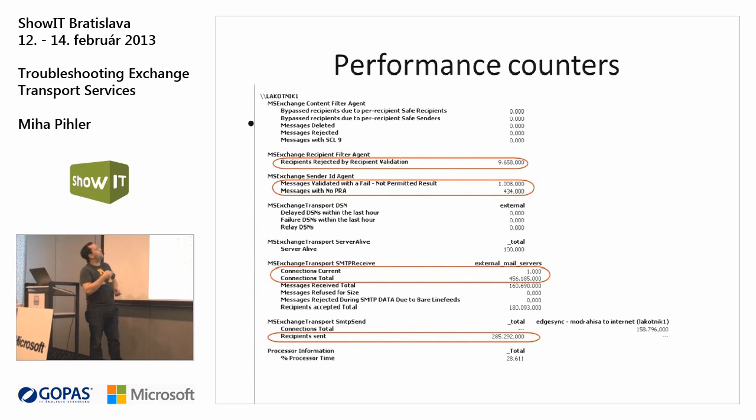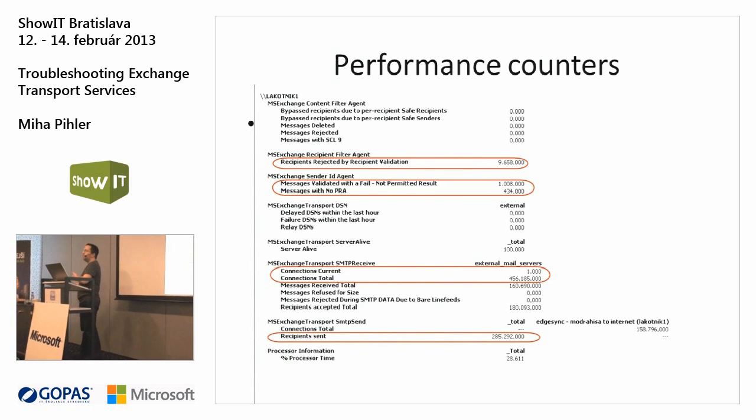Let's say recipients rejected by recipient validation: almost 10,000 were rejected because the email address they were trying to deliver to does not exist. Messages with no PRA, or in other words, with wrong email address, 434. Validated with SPF, almost 1,000, and so on.